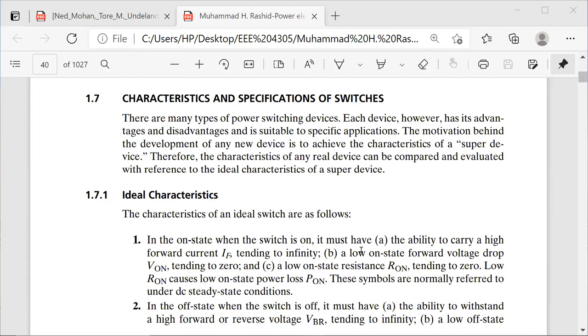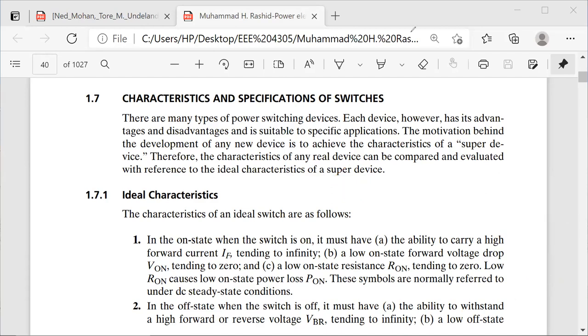Super device means, suppose a diode, when it is on, practically what will be the drop of the diode? 0.7 volt, practically. Ideally? 0. This is a super device. You got my point? It should be an ideal device.